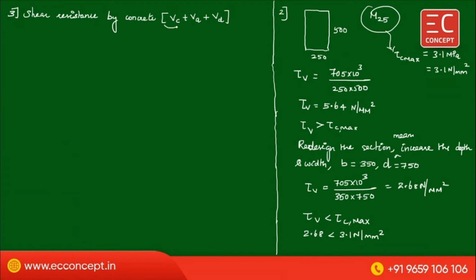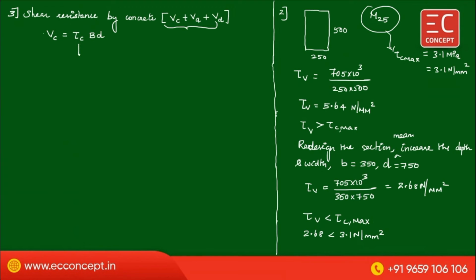Combined together, we take it as the shear resisted by concrete, that is VC. Shear resisted by concrete, VC is equal to tau C into the size of the section, B into D.